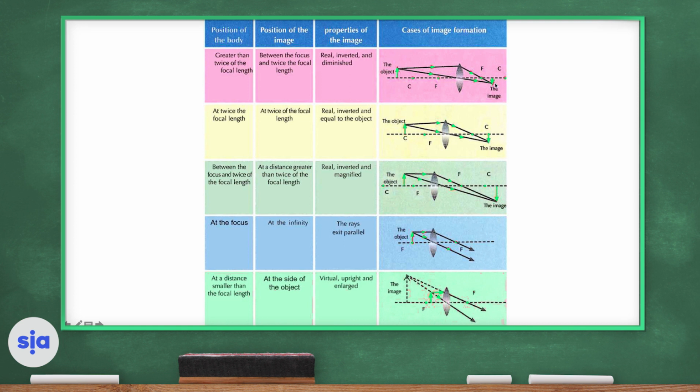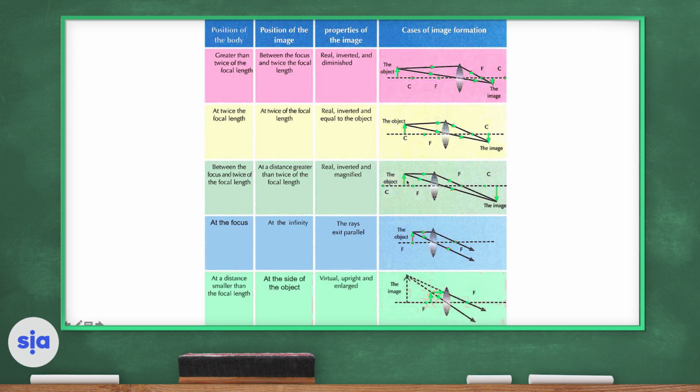It's real, inverted, and smaller in size. When the object is at exactly twice the focal length, not greater, the image will also be at twice the focal length, real, inverted, and equal to the object.